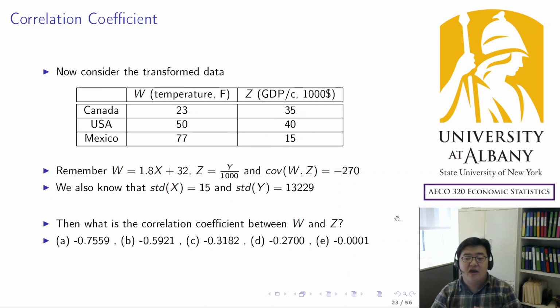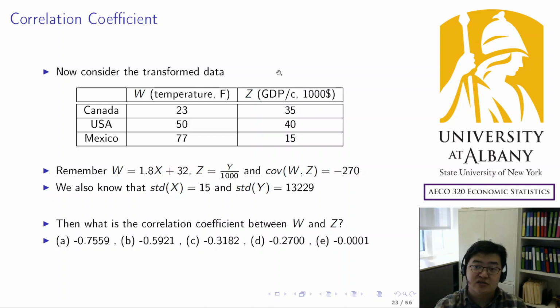Okay, then it's your turn to calculate the correlation coefficient. Now you, as before, use the Fahrenheit temperature and GDP per capita in dollars, in $1,000. So use those numbers and try it by yourself to calculate the correlation coefficient between these new random variables.